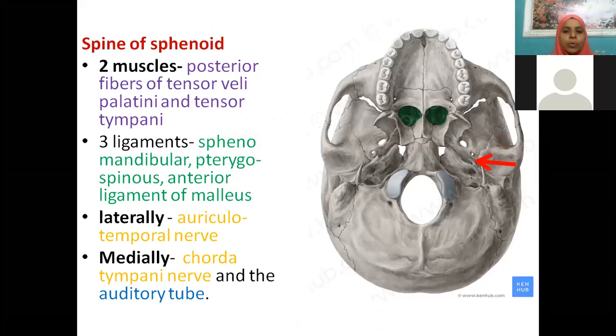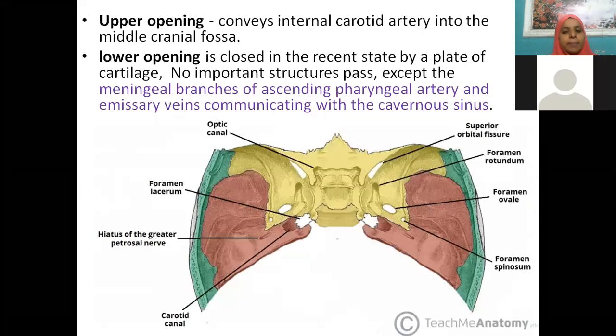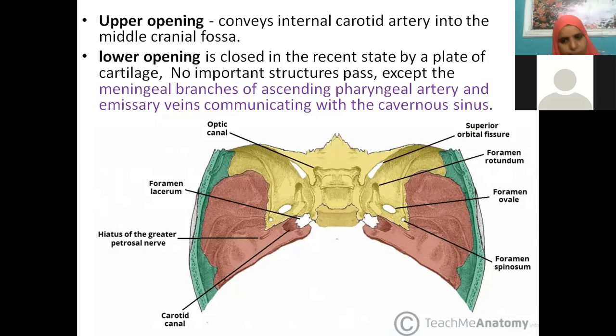Third is oculomotor, fourth is trochlear, fifth is trigeminal. The ophthalmic branch of the trigeminal passes through the superior orbital fissure. Sixth is abducent. Third, fourth, and sixth supply the extraocular muscles, whereas the fifth, the ophthalmic division of the trigeminal, gives sensory supply to the upper part of the face.